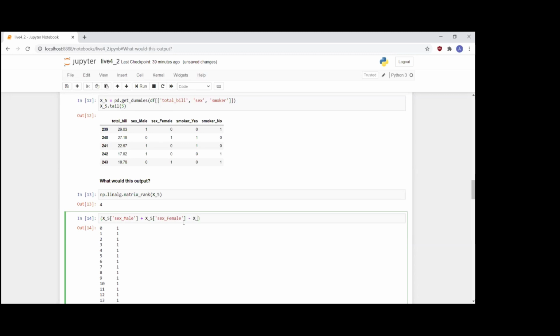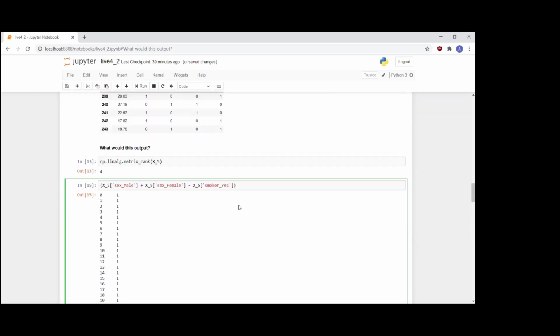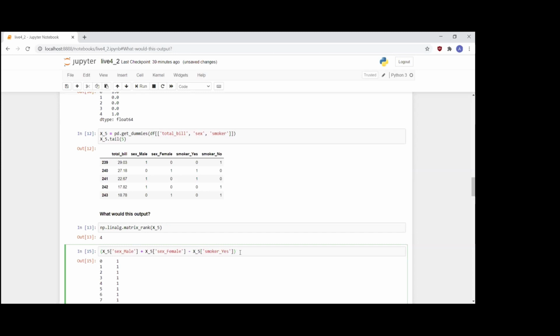And then if I subtract that from the smoker yes column, I took the last 5 rows, so getting the last 5 rows of this, I get the smoker no column, 1, 0, 0, 1, 1. So I can take male, add it to female, and subtract it from yes. So one of these 4 columns is redundant here.